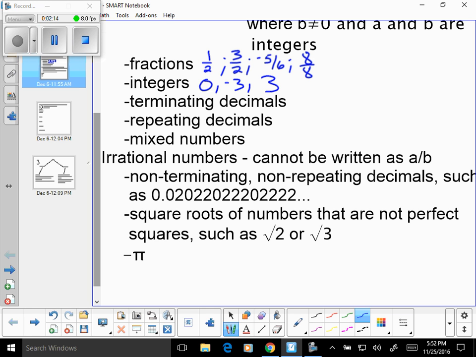Terminating decimals, such as 0.3, 0.5, 1.875.